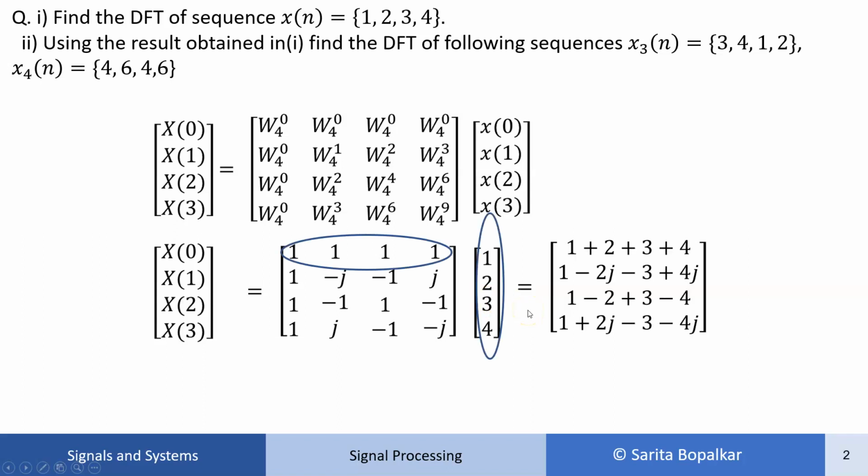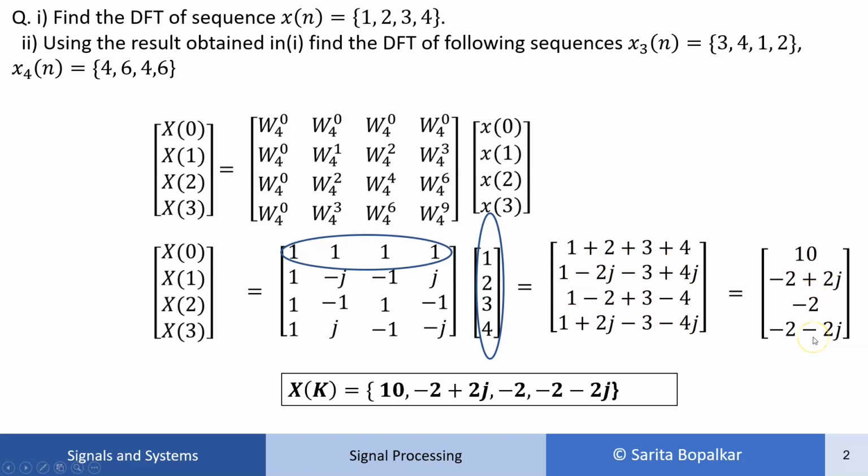This is the result, our DFT x of k: 10, minus 2 plus 2j, minus 2, minus 2 minus 2j. These are the four samples we get for x of k. For a detailed explanation, you can refer to the previous video on how to find the DFT of a sequence.